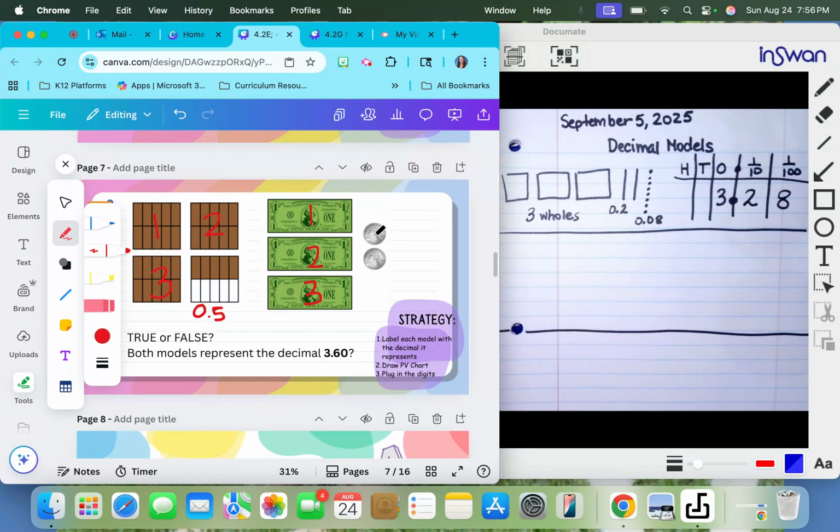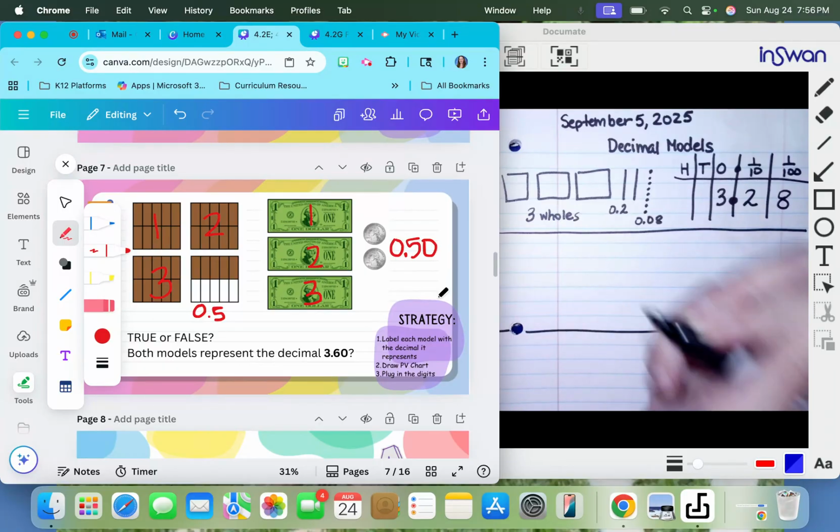If a quarter is 25, how much is 25 and 25? 50, very good. And remember, that's represented as a decimal, so 50 hundredths is the same as 50 cents.